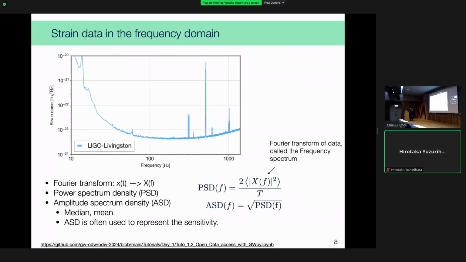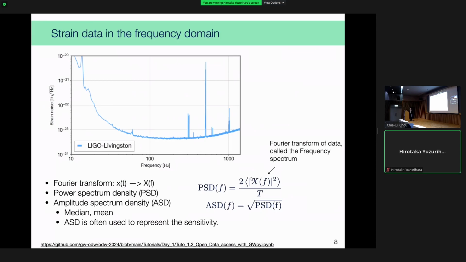The amplitude spectral density is often used to represent the sensitivity, and I explain what that is. The definition is on the right bottom side. ASD is defined as the square root of the power spectral density, which I call PSD. PSD is defined like this.